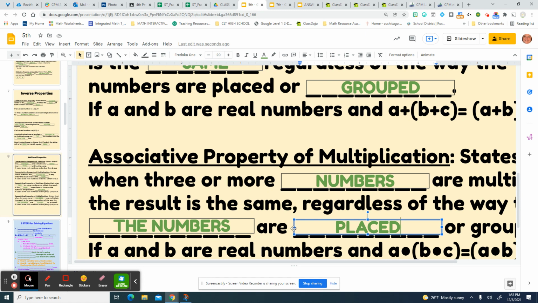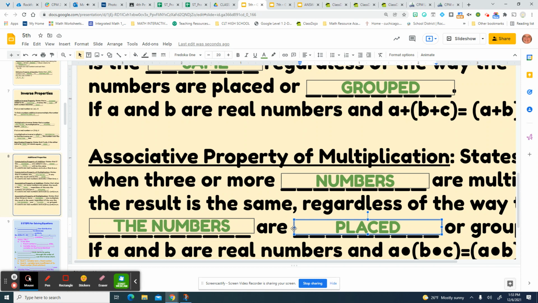So in other words, if you have just addition going on, right, you can relocate your parentheses. And that's kind of how you tell the difference between the commutative and the associative. In the associative, you must always have grouping symbols being used. Okay? In the commutative, you can change the order of the terms, right? You can move them around.